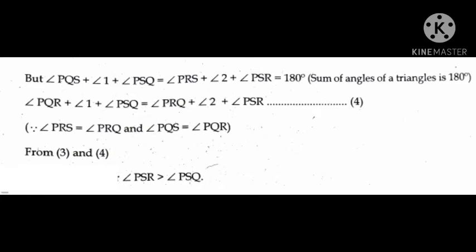That implies angle PQR plus angle 1 plus angle PSQ is equal to angle PRQ plus angle 2 plus angle PSR. It is equation 4, since angle PRS is equal to angle PRQ and angle PQS is equal to angle PQR.